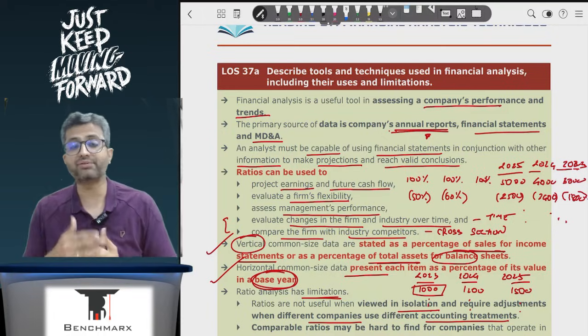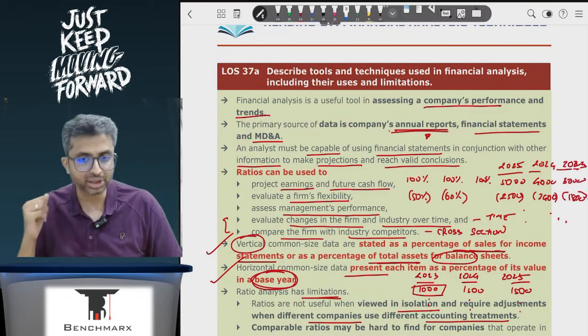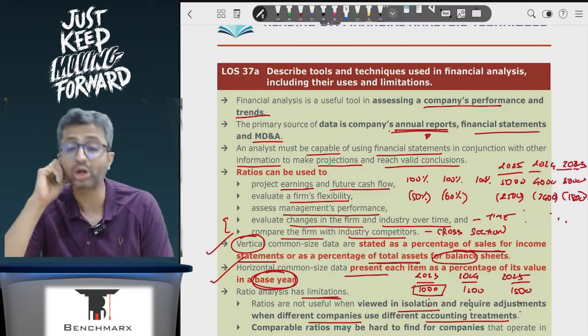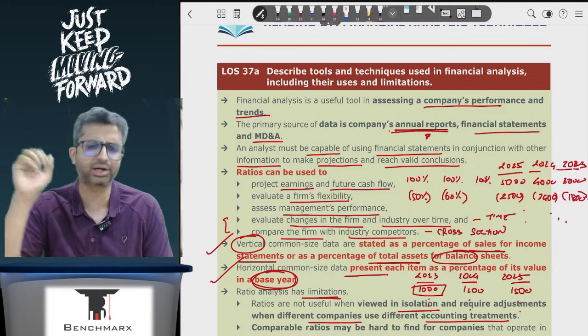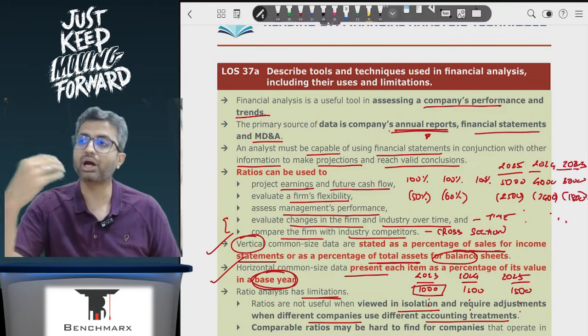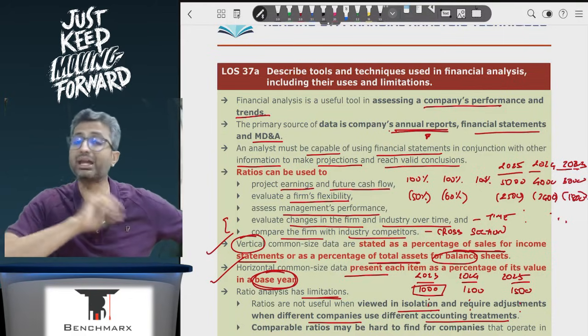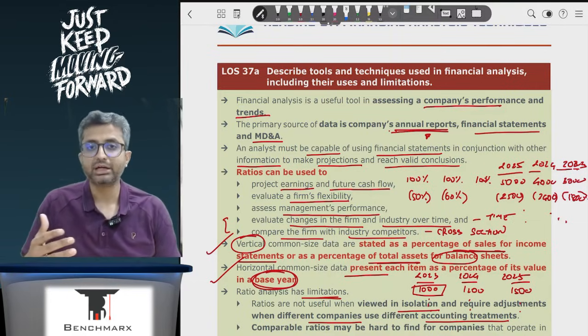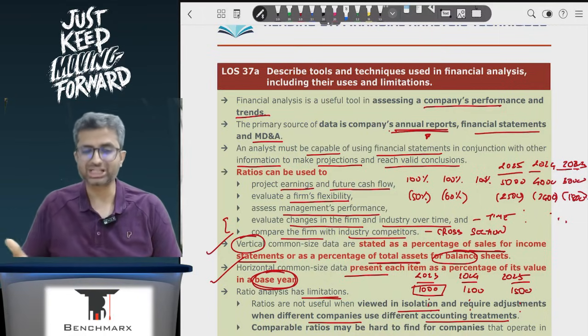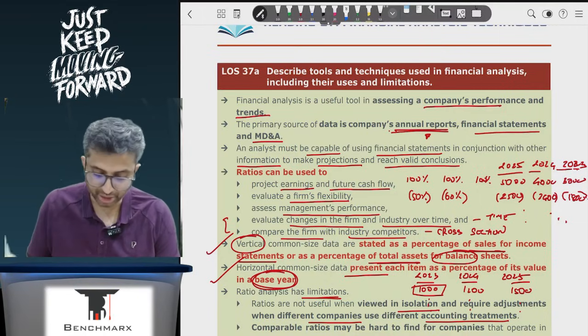For example, if I'm a credit rating agency, what credit rating should be given? If I'm a lender, should I give the loan or not? If I'm a research analyst, what target price rating should I give? If I'm an M&A company, how much consideration should I pay? So I will gather a lot of data, process and analyze it, and come to the appropriate conclusions.